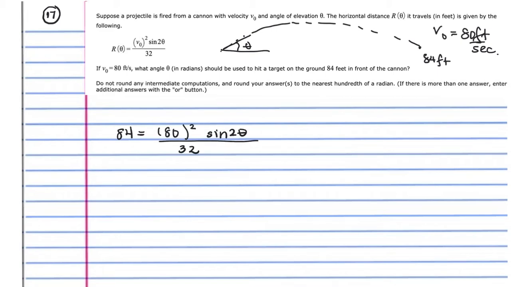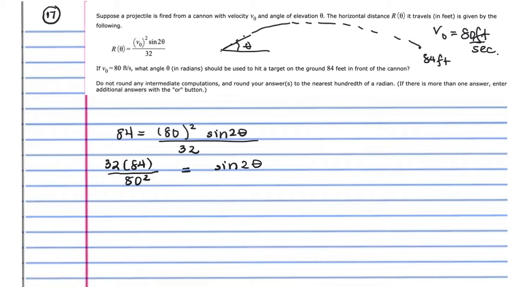If we multiply by 32 on the right and then divide by 80 squared, we'll have sine 2 theta isolated. So we have 32 times 84 all over 80 squared equals sine 2 theta.